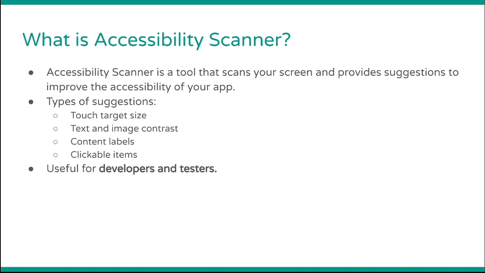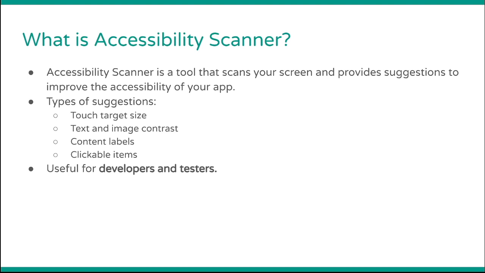There are some types of accessibility suggestions that it gives, based on touch targets, colors, target size, and text and image contrast. For example, let's say you are using white as the foreground text color and the background color is a light yellow.